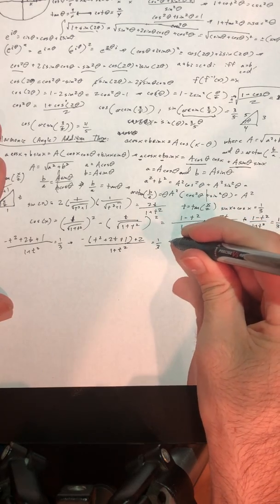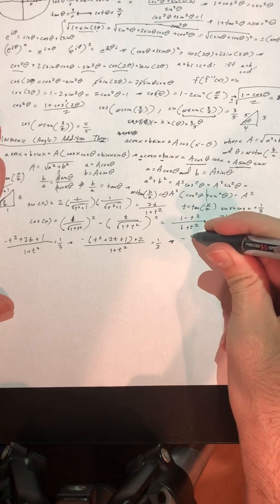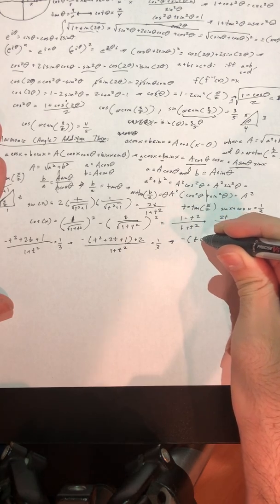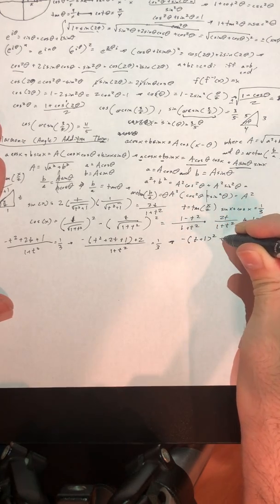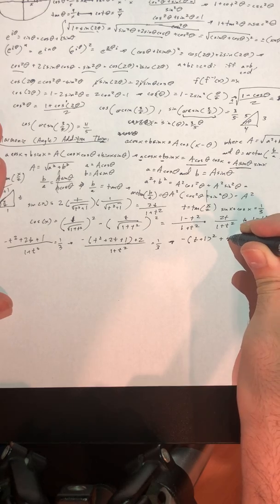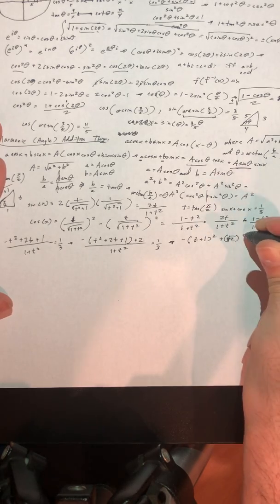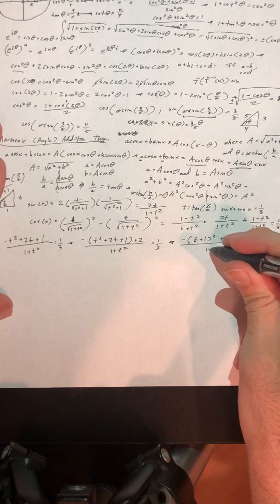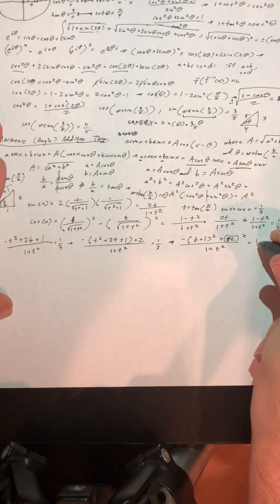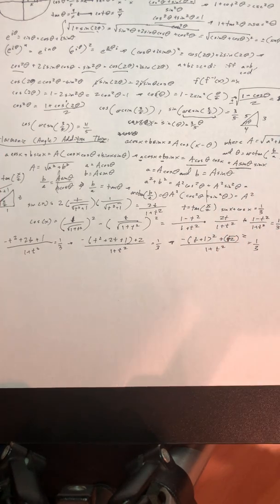Anyway, so we get that this is equal to negative of t plus 1 squared plus, maybe I'm going to write this as the square root of 2 squared, over 1 plus t squared, which is equal to a third. Yeah, this isn't really leading anywhere all that nice.